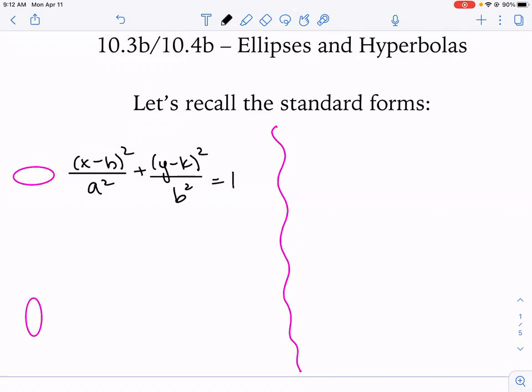Remember, in ellipses, A is bigger than B. So A is telling us which direction we are opening.